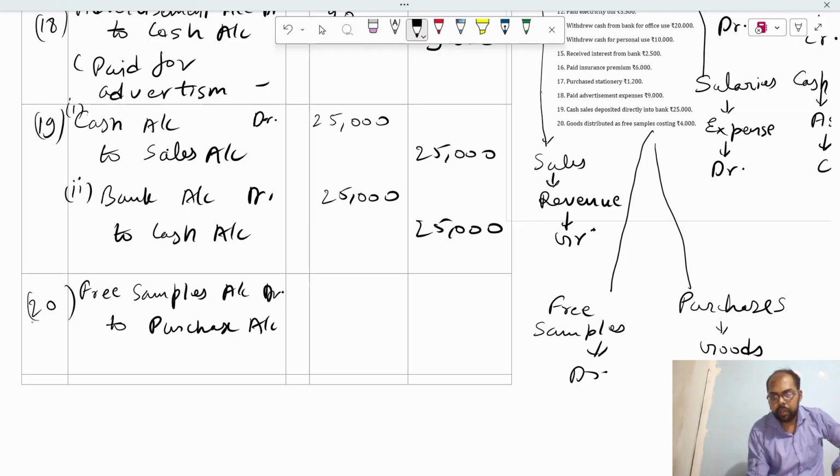So when you are distributing goods as free samples, what is happening here? We are reducing the goods here. Therefore, it is credited. So ultimately, goods are decreasing, but goods are known as purchases. Therefore, purchase account is credited here.